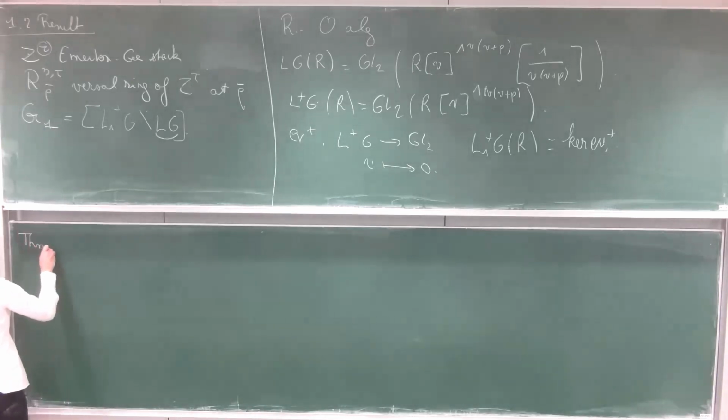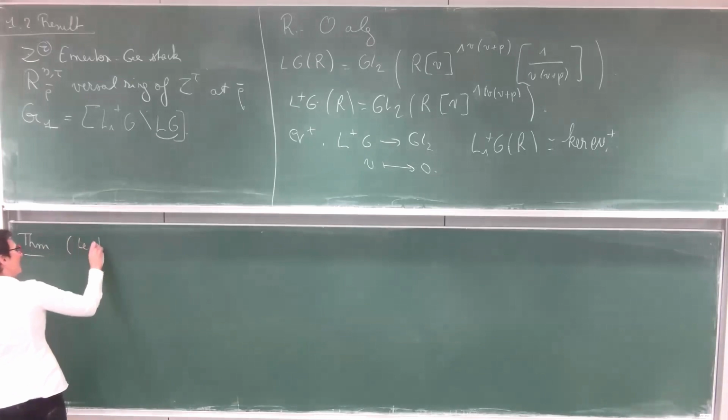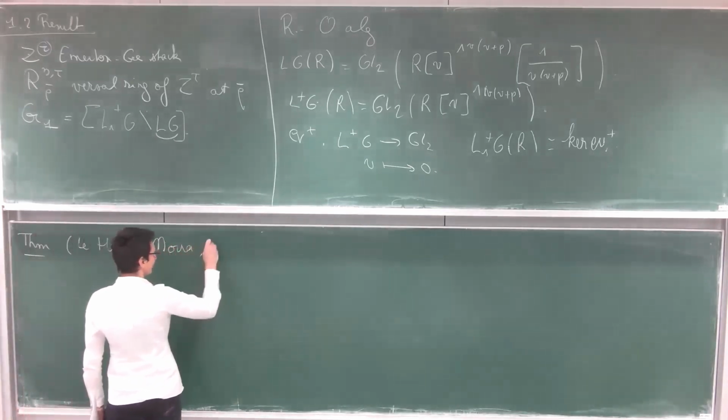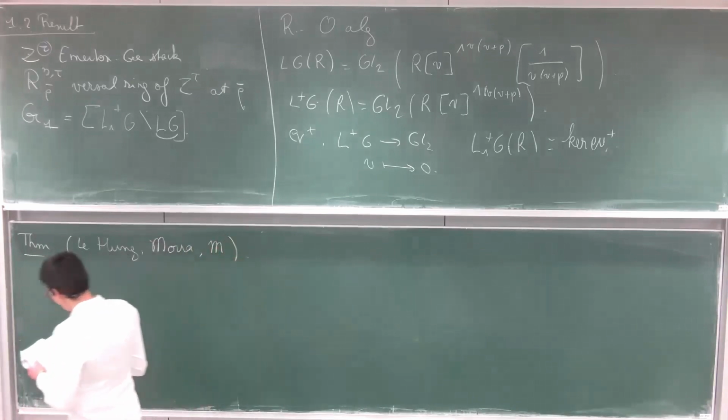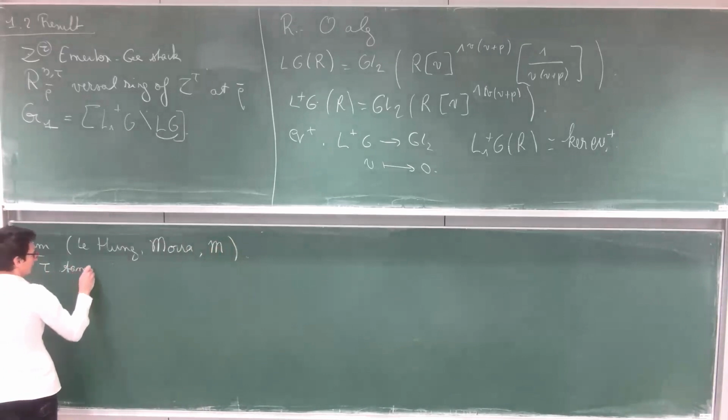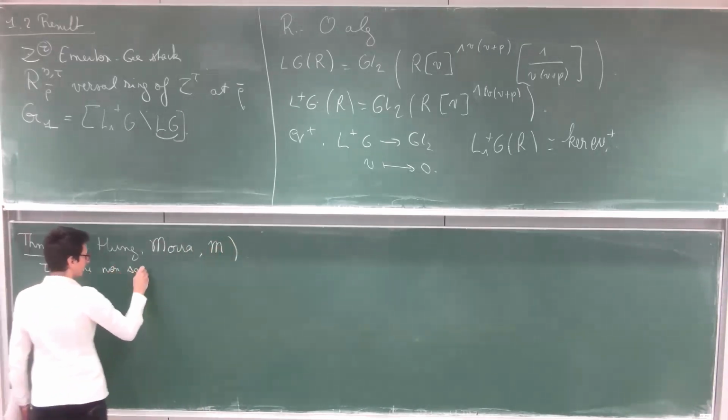Okay. So our theorem is the following. We assume that tau is tame non-scalar, as I told you.